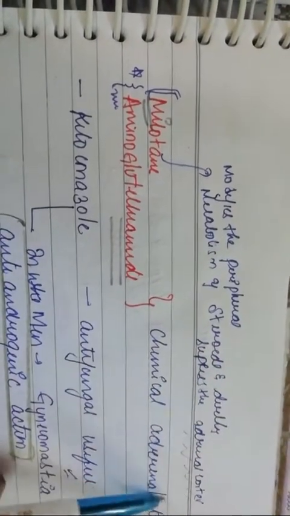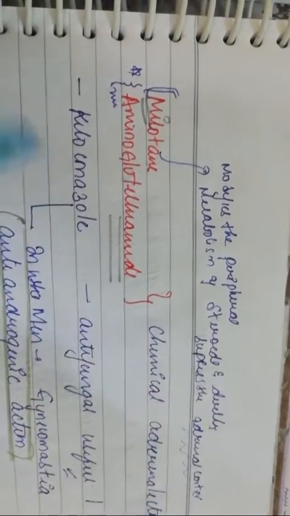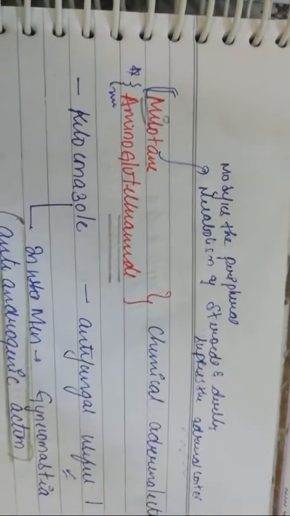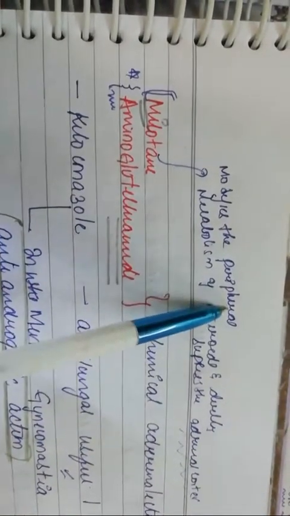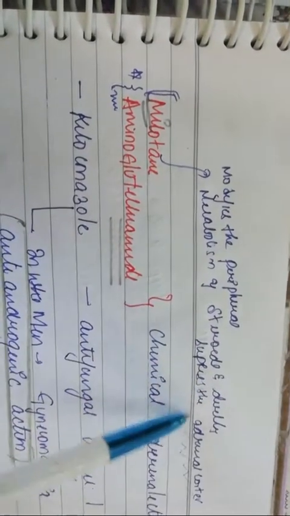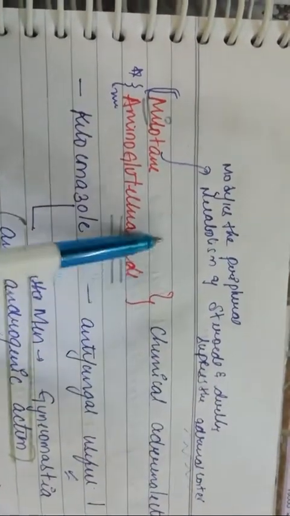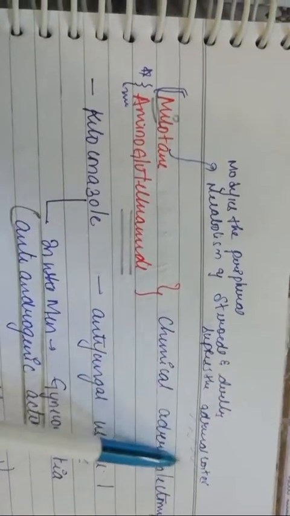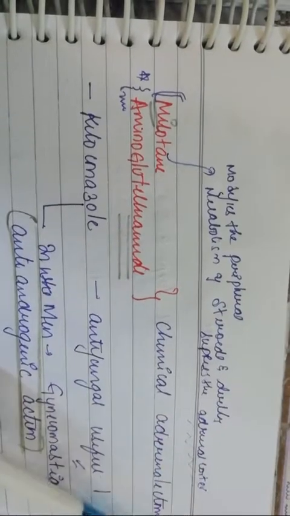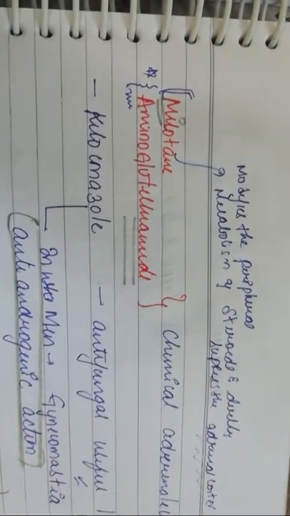So these are the important points you have to understand about how this drug acts. It ultimately suppresses the adrenal cortex. That is the reason this is a chemical adrenalectomy, because it is suppressing the adrenal cortex where you have lots of corticosteroids secreted, right?